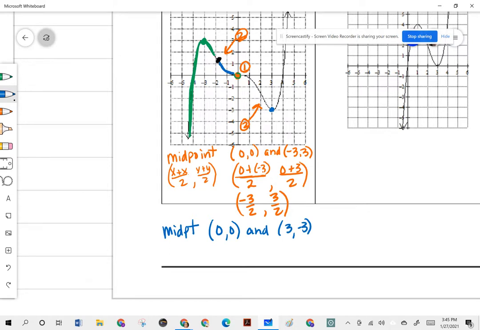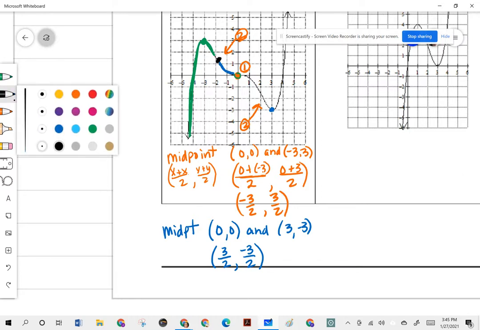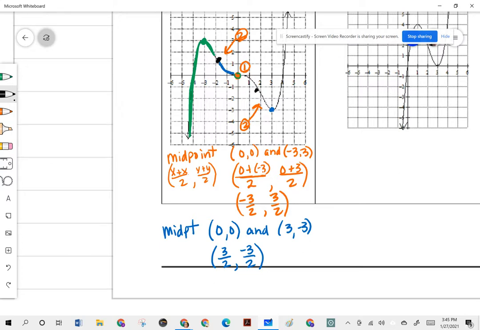And so what's going to end up happening is we're going to add up the x's and divide by 2, and then add up the y's and divide by 2. And we've got 1.5, and then down 1.5. Now it's approximate. Okay, we said the approximate midpoint. So that's what's going to happen here, is where it changes concavity at those specific spots.